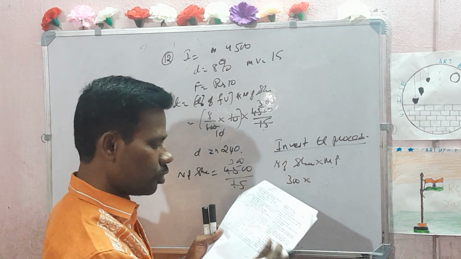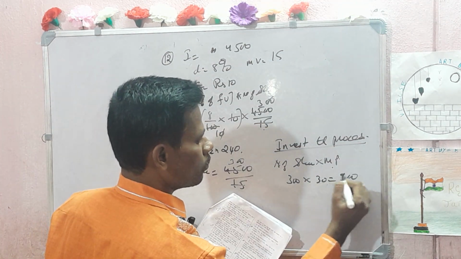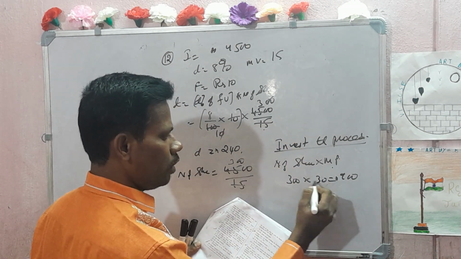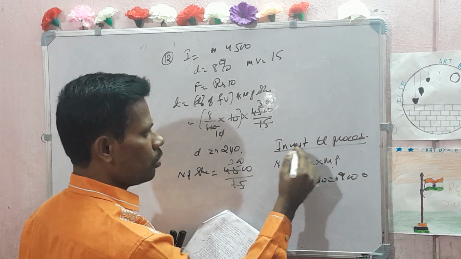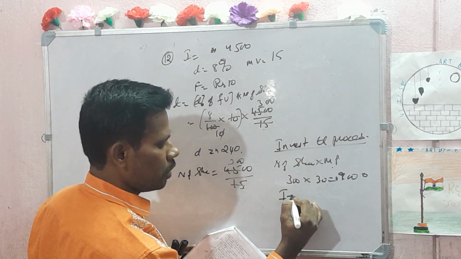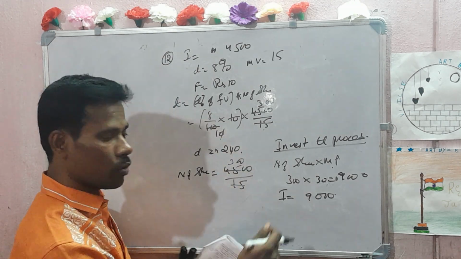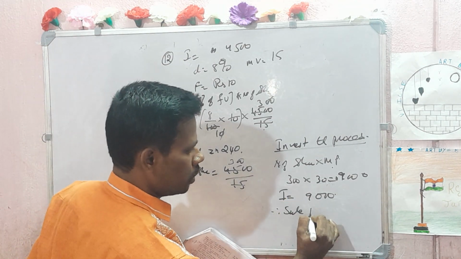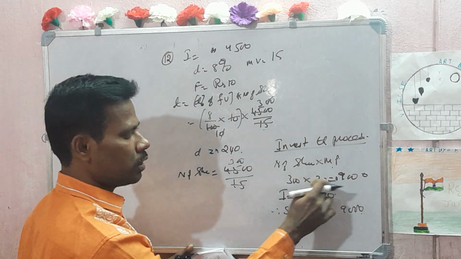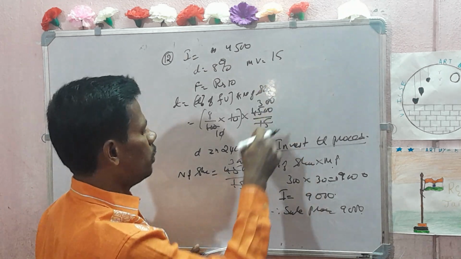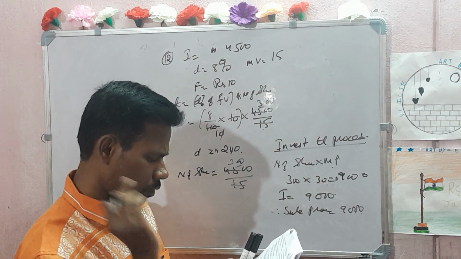They will use those words when prices increase or decrease. So market value is 30. 3 threes are 9, and 3 zeros, so it is 9,000. Therefore the sale proceeds are 9,000, which is number of shares 300 into market price 30.